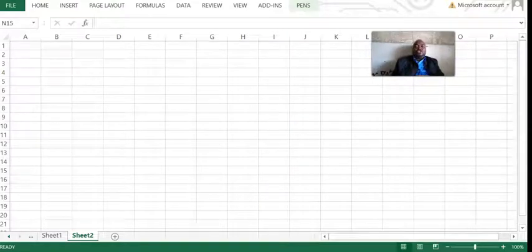Okay, ladies and gentlemen, I hope you are seeing that we are now in our spreadsheet. One thing for certain, when you open your spreadsheet, it's going to be blank, because you have put nothing there. So you need to input data, but you just have to stand on your principles, on your theory.